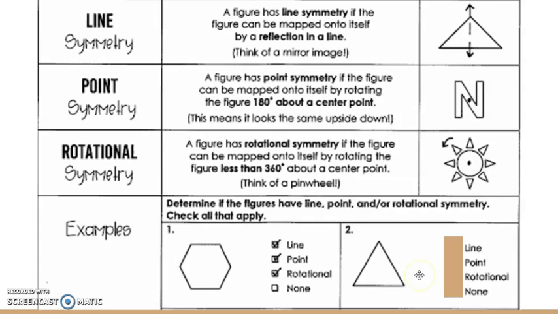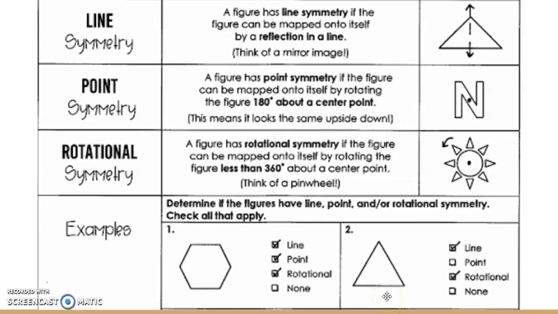If we look at our triangle, again, if we cut it right down the middle, sort of like our example up here, we still get an even reflection on both sides. So that means we're going to have our line symmetry. We don't have point symmetry for this one. That's because if I mark a point in the middle of my triangle, I have a pointed side at the top and a flat side at the bottom.